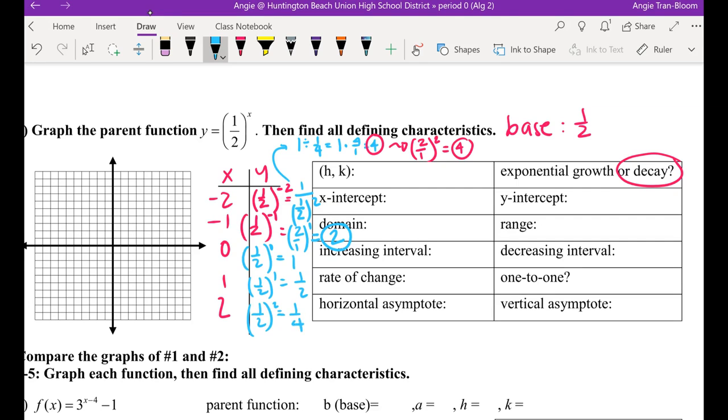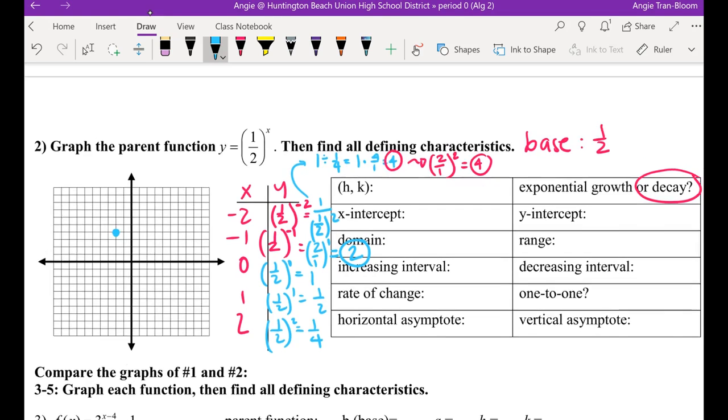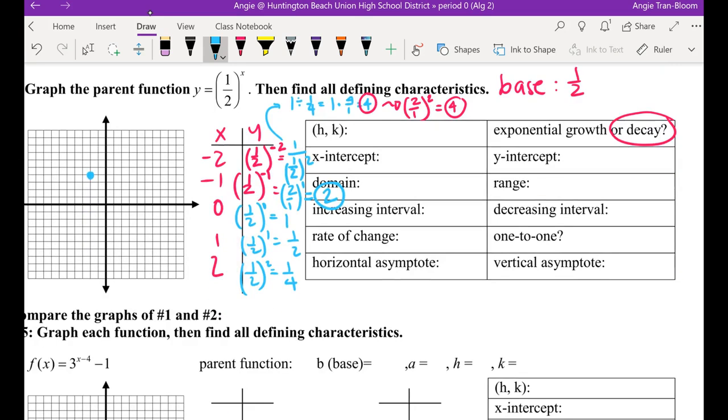Okay, let's plot those. So at -2, I will now go up to 4. -1, we are now going to a positive 2. At 0, we're going to go to 1. At 1, we're going to go to a half. And then at 2 is a quarter. Can you see that this is decreasing?